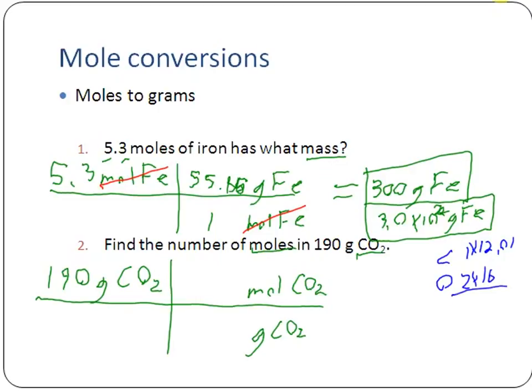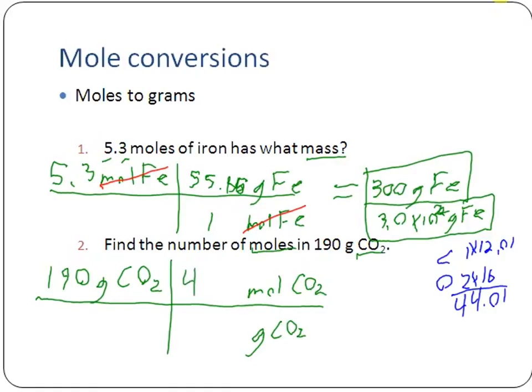So if we add those 2 guys up, 1 times 12.01, plus the mass of the oxygen, 2 times 16, that's 32. And so when doing this, we end up with 44.01. So that's going to be the mass in grams per mole of carbon dioxide.